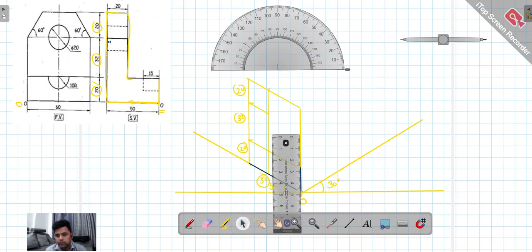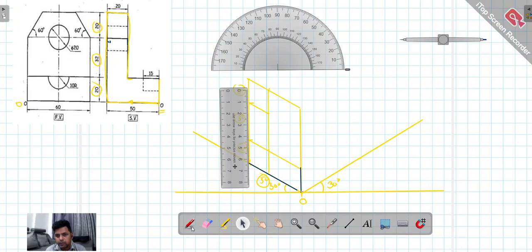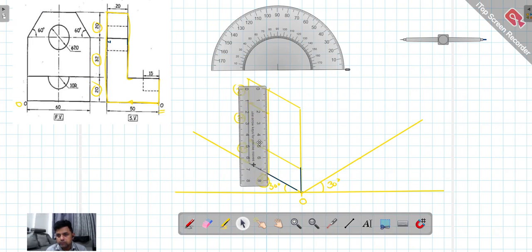If I take the scale here, till which point can I mark? Till this point I can mark. Why? Because after this point there is an inclination. See, there is this inclination. Okay. Then which is directly visible? This line.